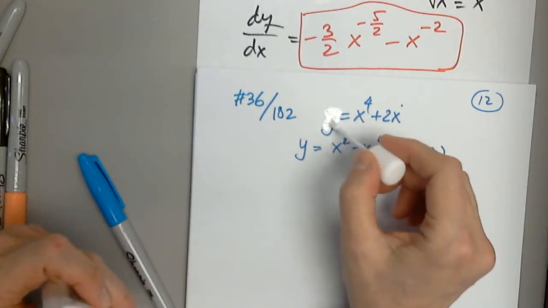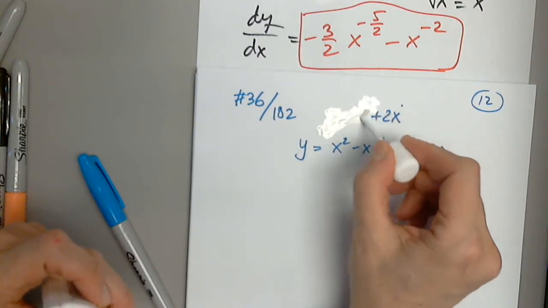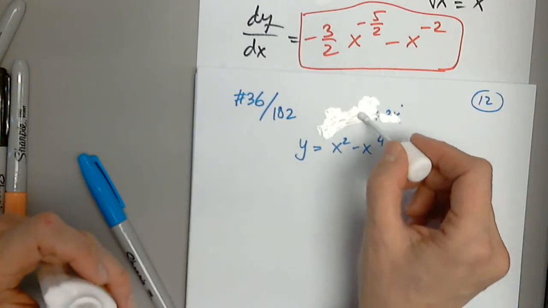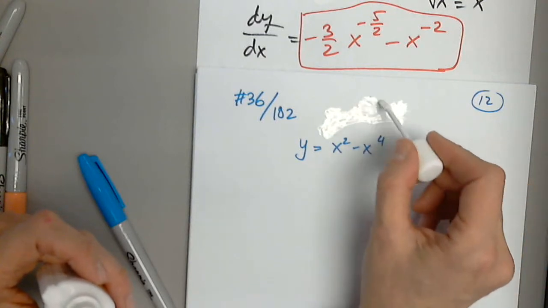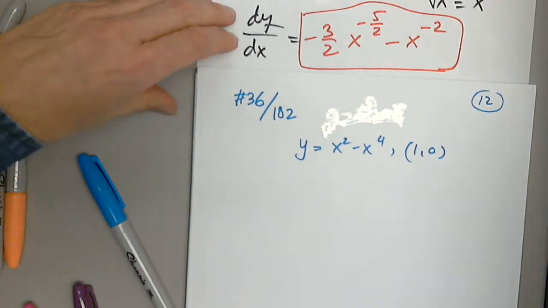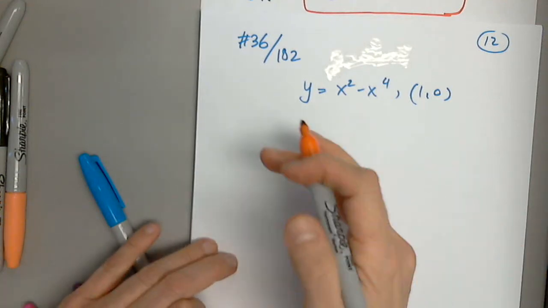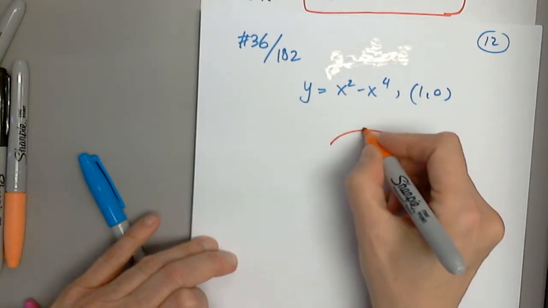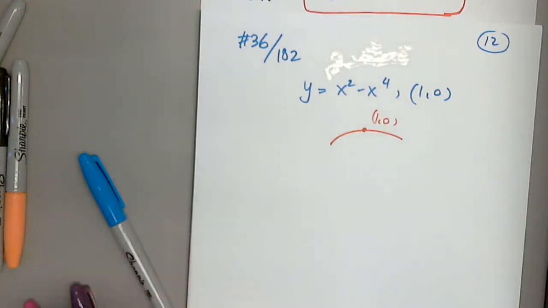So for this function, we are asked to find two things. The equation of the tangent line at the point 1 comma 0 and the equation of the normal line to the same function at that point. Let me explain what that means. Let's suppose this is the function and this is the point 1 comma 0.